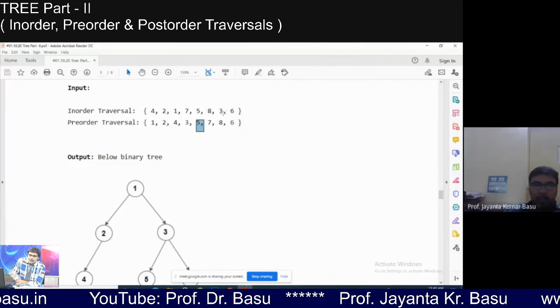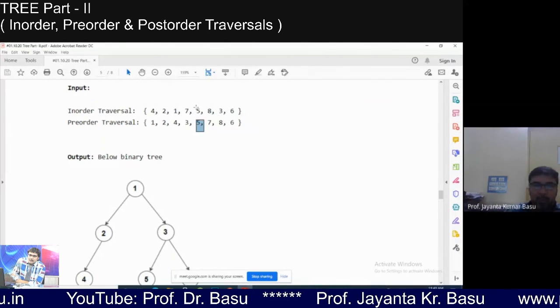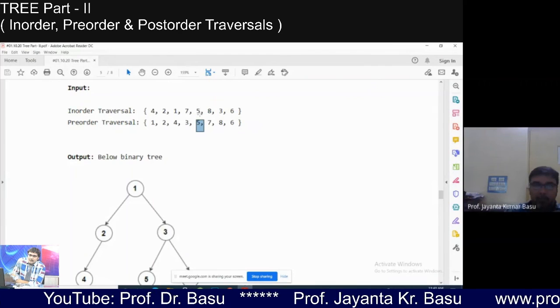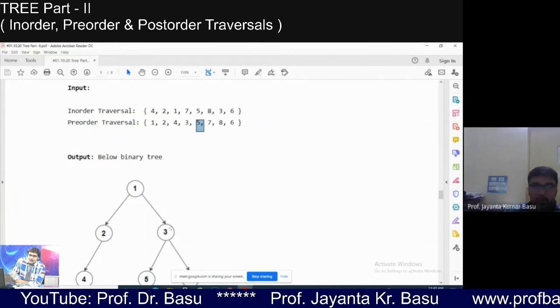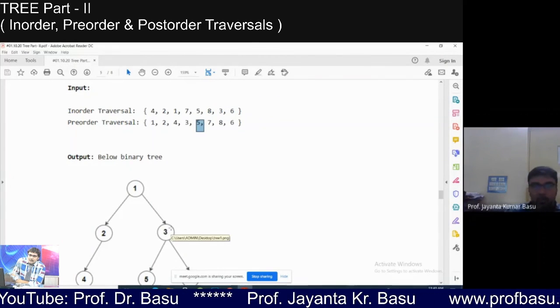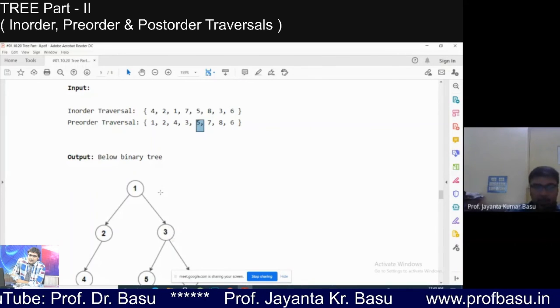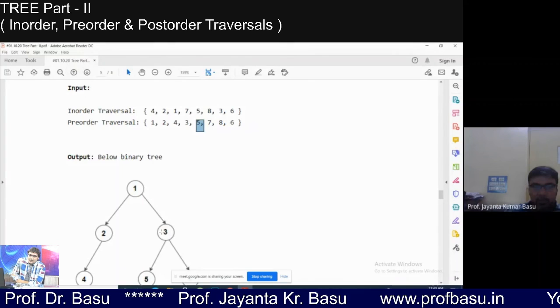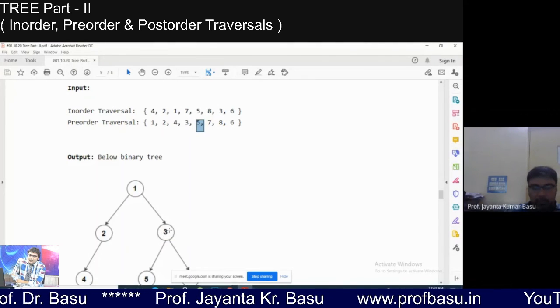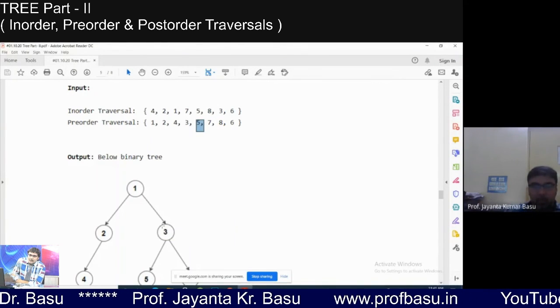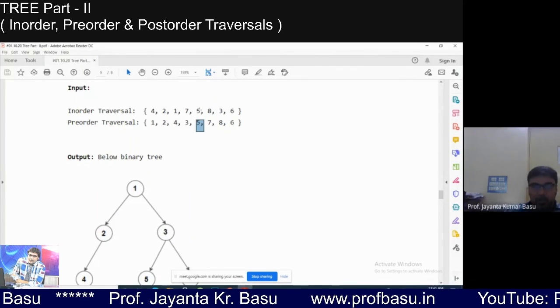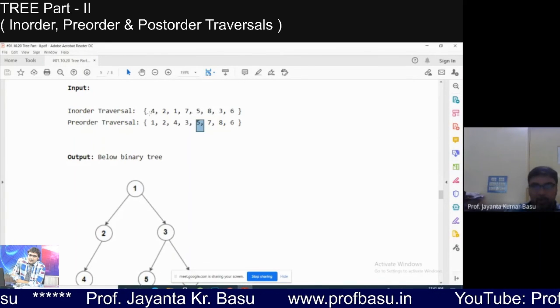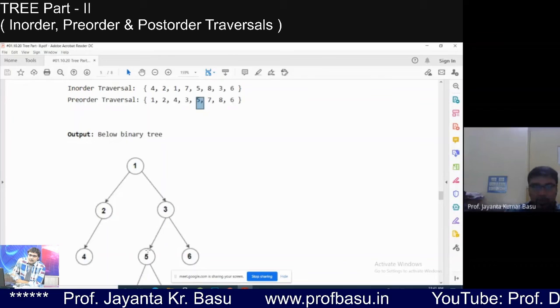But the left side of the 3 is 5, where the position of the 5 is right side of the 1, so it will go somewhere on the right side of 1, definitely right of the 1. But on the right side, you are checking, you can see that a node is already placed. So now it is on the left side of the 3 in either sequence. So 5 will come here.